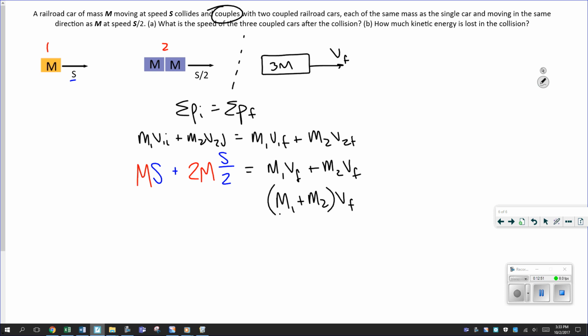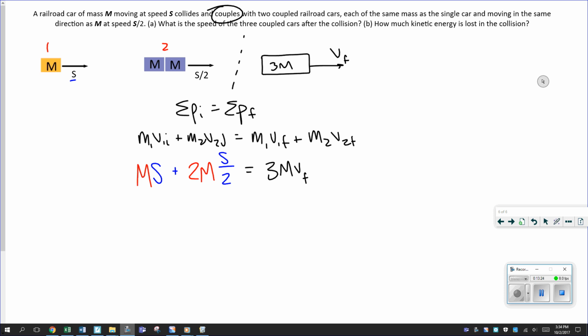My m1 is m, my m2 is 2m, so it's the same as saying 3m at vf. Fair enough? I would highly recommend, anytime things hit and stick, that as soon as you can, get to the system mass at final velocity style of expression.